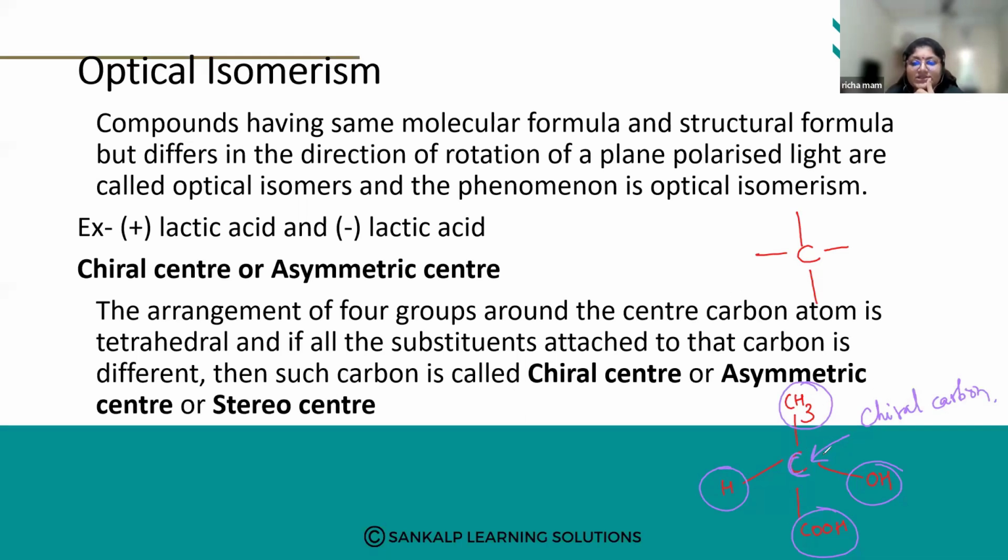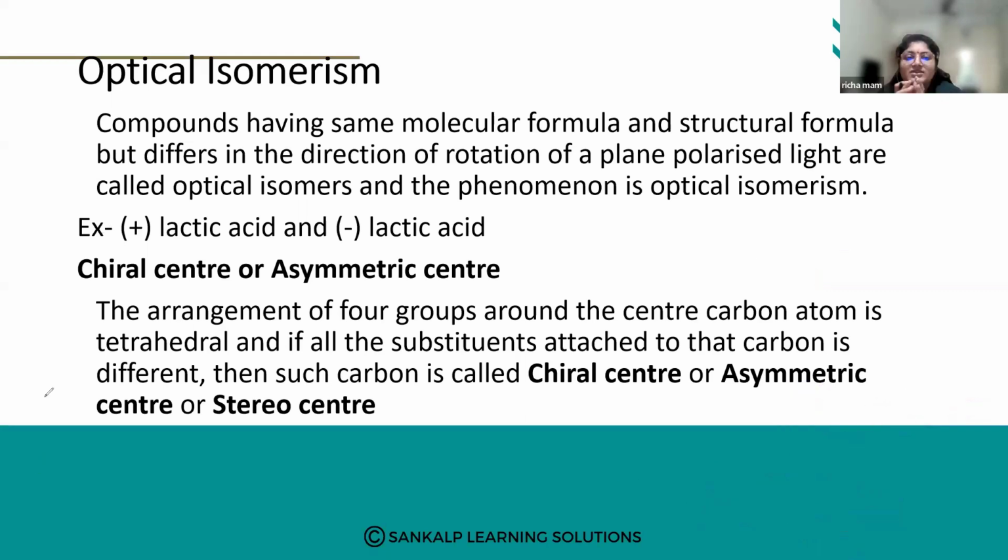This carbon center is called the chiral center, the asymmetric center, or the stereo center when you are arranging four different groups, all different around the central carbon atom. If the substituents attached to that carbon are different, then such a carbon is called a chiral center, asymmetric center, or stereo center.